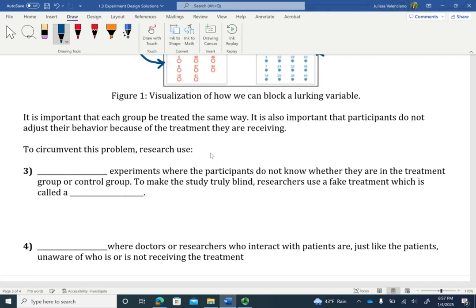They might start thinking, if I have a stent, if I have doctors trying to help me prevent a stroke, maybe I should also stop smoking, or maybe I should start eating healthy, right? And so the behavior of the participants might have an effect on the response variable.